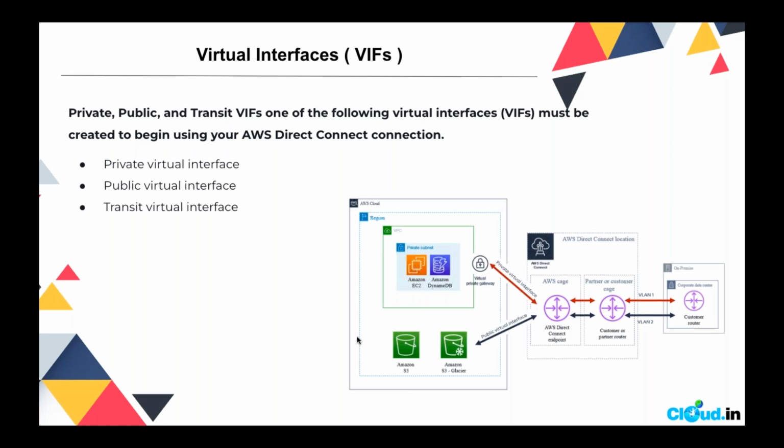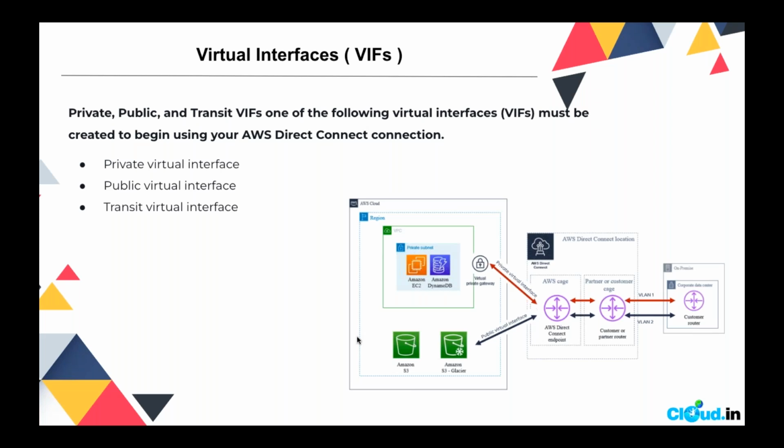The traffic is obviously not exposed to the internet, which enhances the security a lot more. For use cases, for example, you can extend the on-premises data centers into the cloud. If you have running applications that require secure private connectivity to your VPC, you can have this VIF installed for that specific use case.